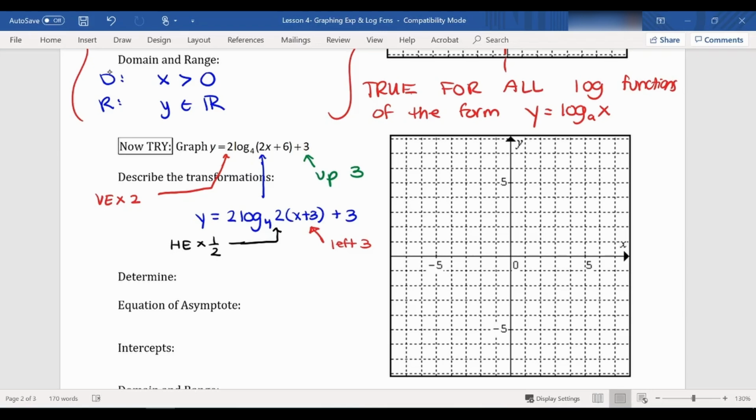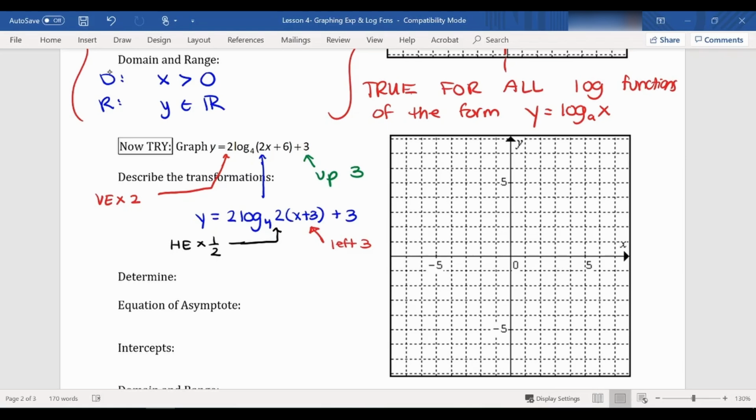So I would choose to graph my base function first, which would be log base 4 of x. Then I would do my horizontal expansions, compressions, vertical expansions, compressions, and any reflections. Then I would move up, right, left, down. Okay.